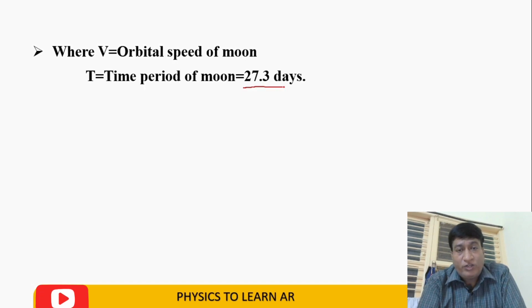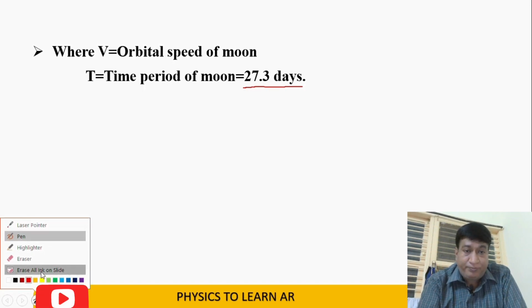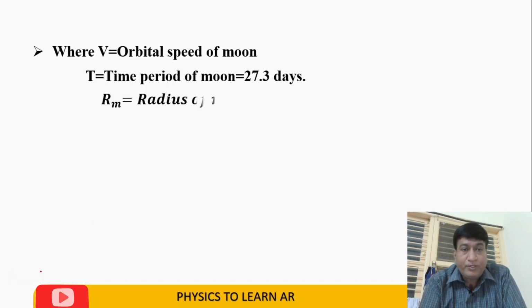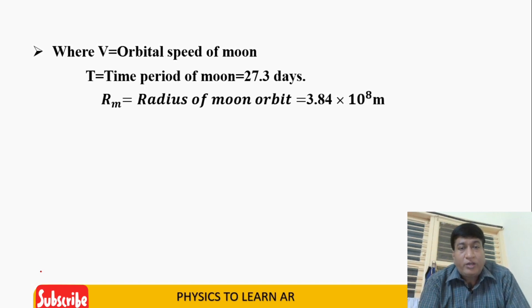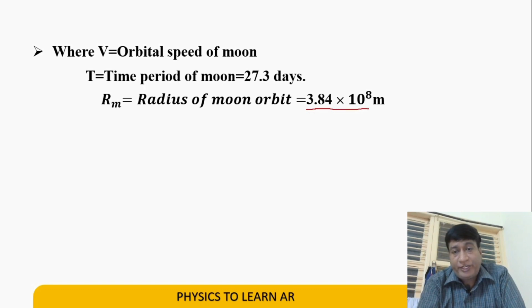So the moon takes 27.3 days to complete one revolution. rm is the radius of the moon's orbit, a standard value of 3.8 into 10 to the power of 8 meter.